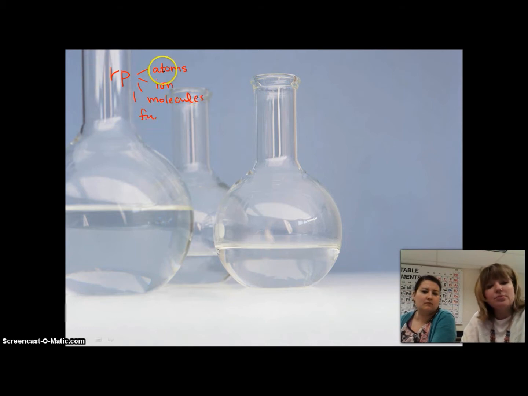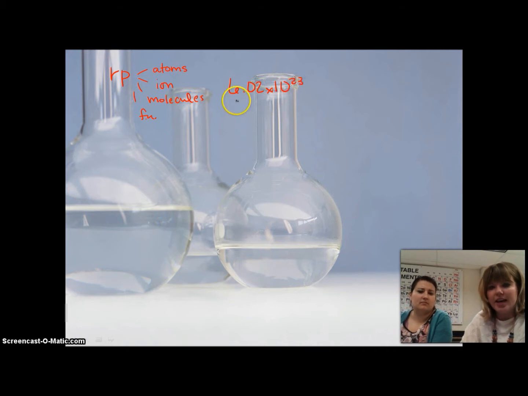So with this, we always knew that these representative particles were always going to equal 6.02 times 10 to the 23rd. And that was always going to equal 1 mole. And we could write this either way, and you guys were doing some calculations using this.